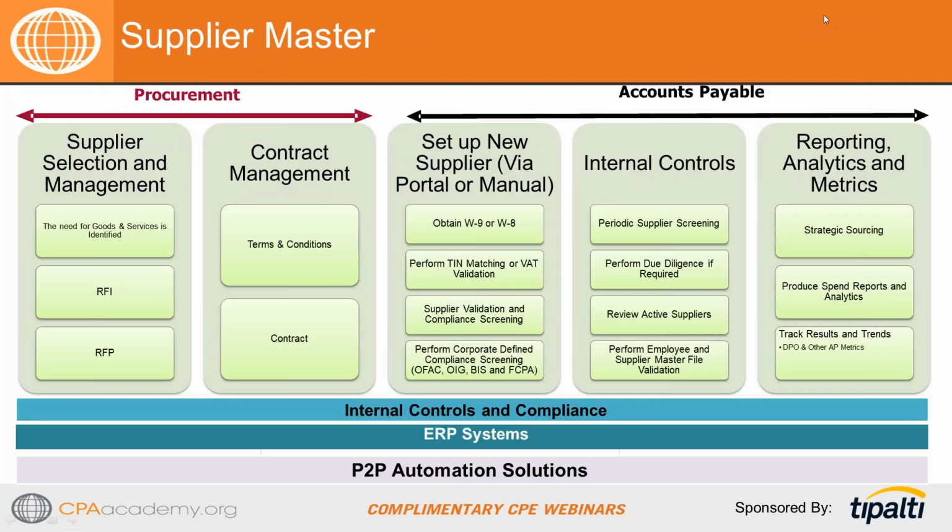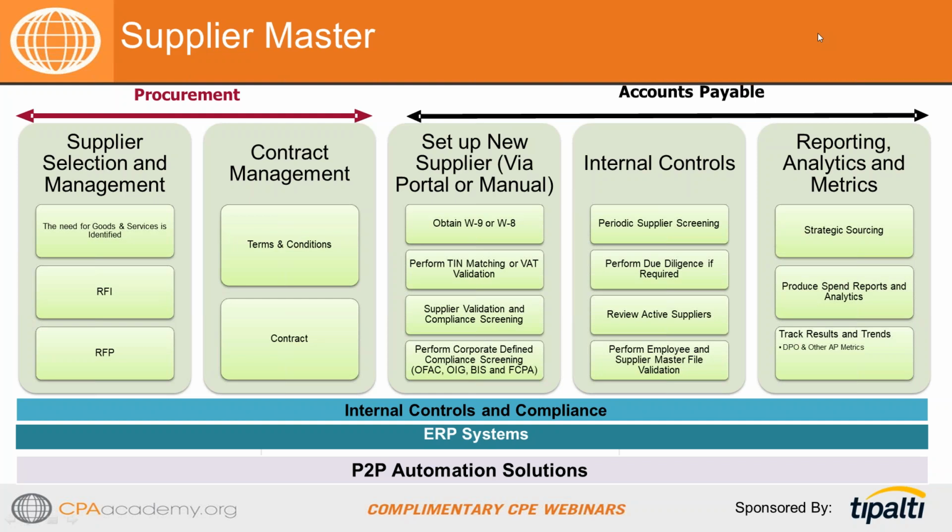Okay, as we start out with the AP process, we know that the drivers are the procurement processes of supplier selection and management, contract management, and then within accounts payable, we start setting up a new supplier.